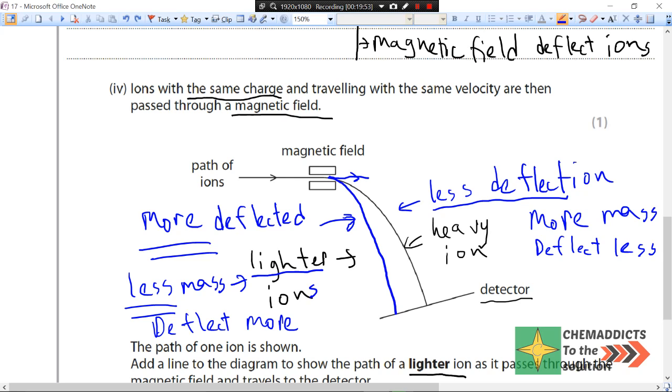And since the heavier ion has more mass but the same charge, it will deflect less in the magnetic field. So the heavier ion will have less deflection than the lighter ions, because more mass means less deflection.